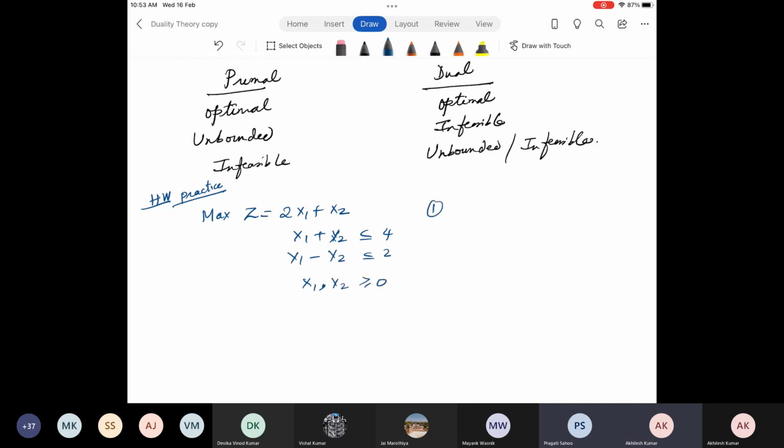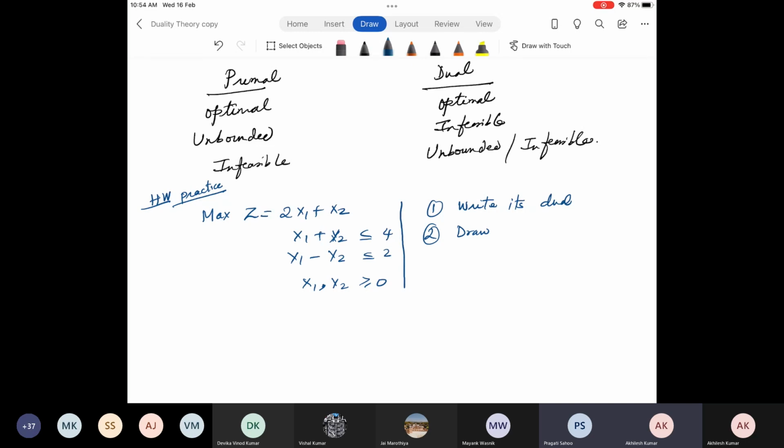So what you need to do is first write its dual. Second, not solve, draw. So if this is a two variable problem, what is the dual problem? Is it two variable or three variable problem?